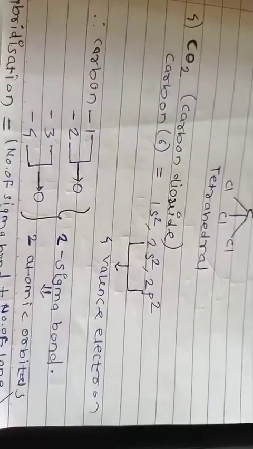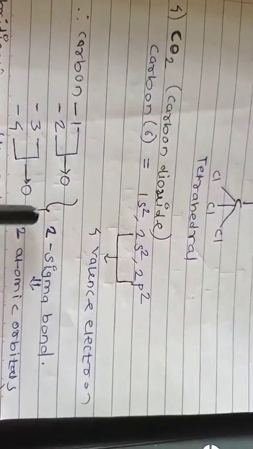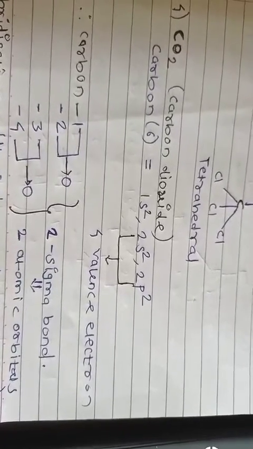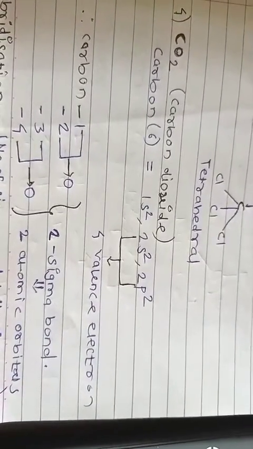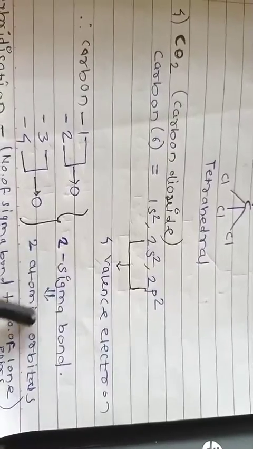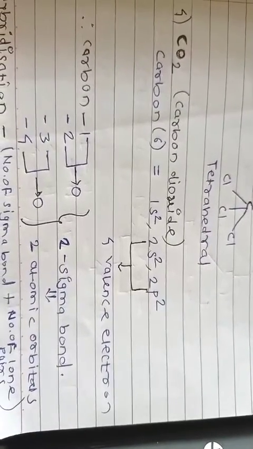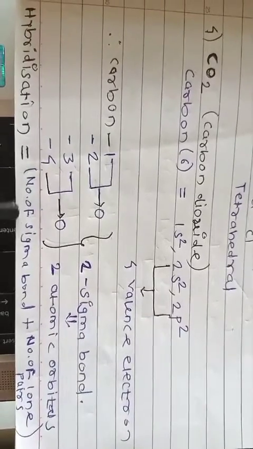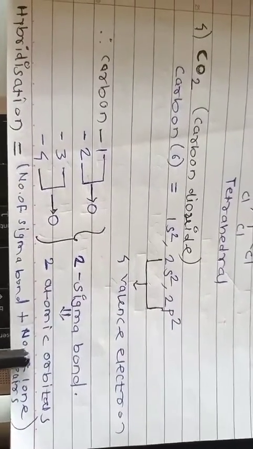Therefore they form two sigma bonds with carbon. Two sigma bonds are nothing but two atomic orbitals. So we know the formula for hybridization: the number of sigma bonds plus the number of lone pairs.